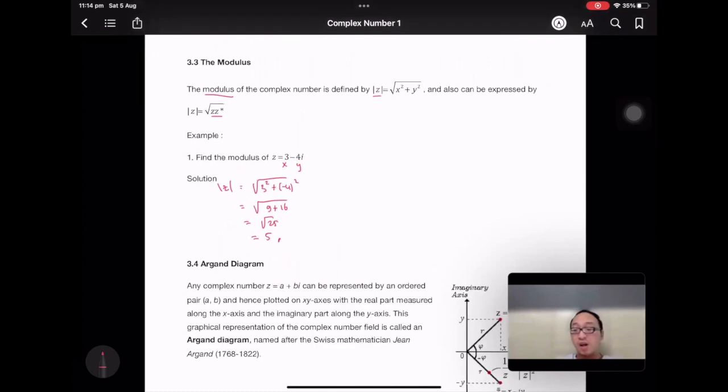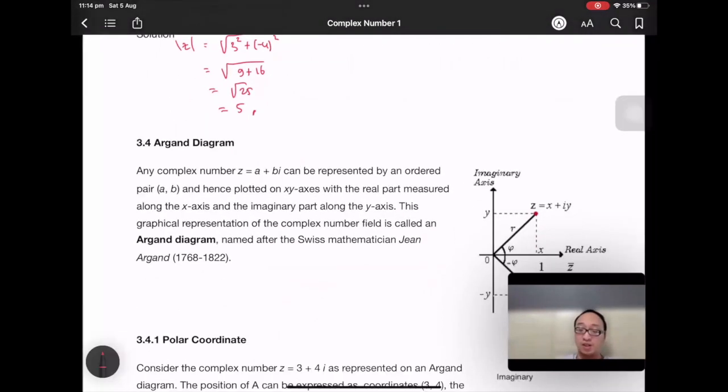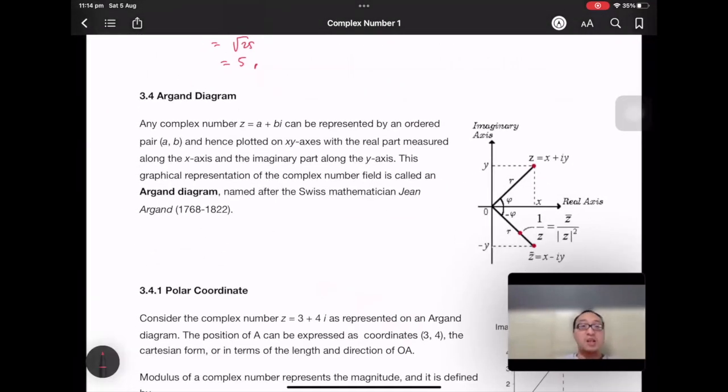How do we draw the coordinates? We need the spatial diagram to draw the position of the coordinates of the complex number. We call it the Argand diagram. So this is not the Cartesian diagram, xy, as we had before, but the Argand diagram is the spatial diagram for the complex number.